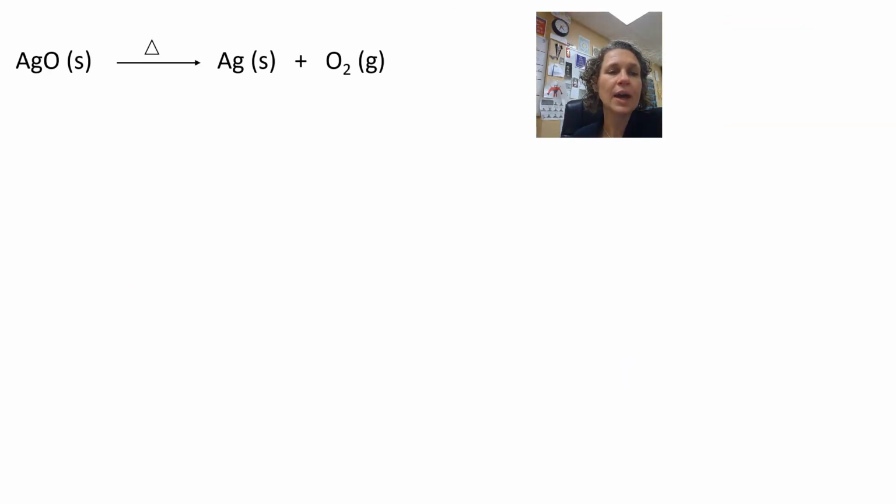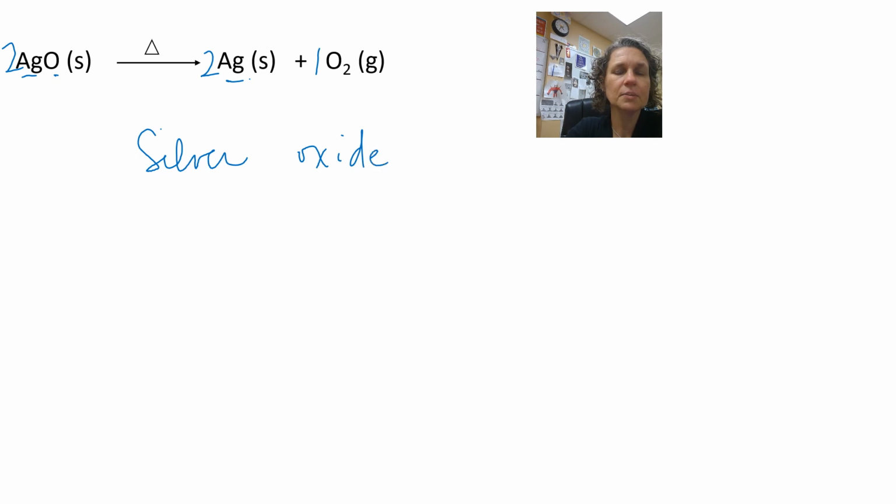And then one more. So balance this one. You've got silver oxide reacts to form silver and oxygen. So 1 Ag and 1 Ag, 1 O, 2 O's. So I've got to put a 2, a 2, and a 1. So there's just some practice balancing on that one. And then the description of this, you would say something like, silver oxide, let's see, a powder or crystals, or silver oxide solid.